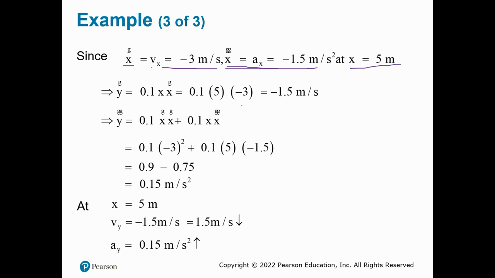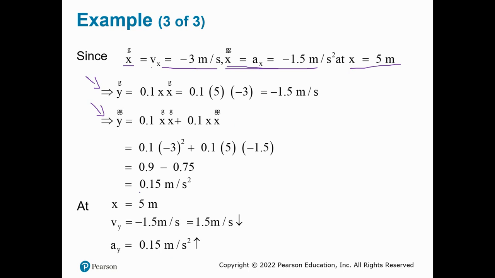Plug that in. These two equations were calculated on the previous slide. I am plugging in the value of x and x dot to get the y dot, which is the velocity component on the y. And then for the y double dot, I'm plugging in x dot and then x double dot.